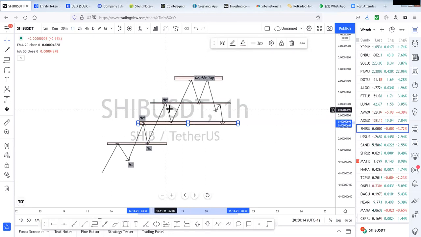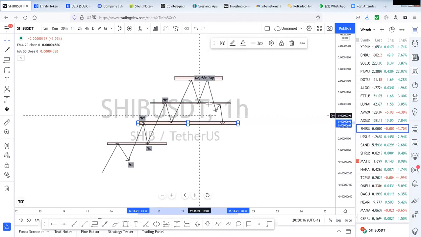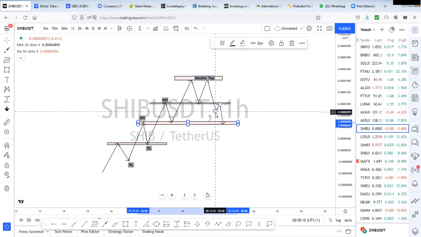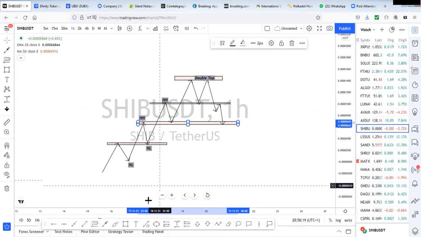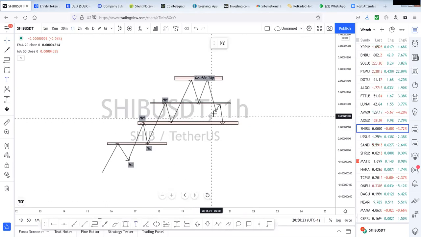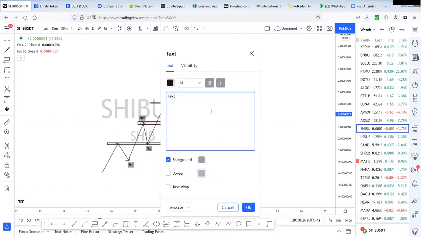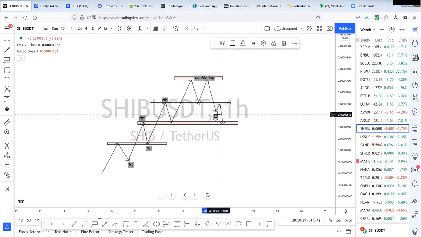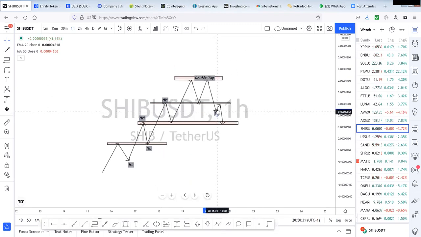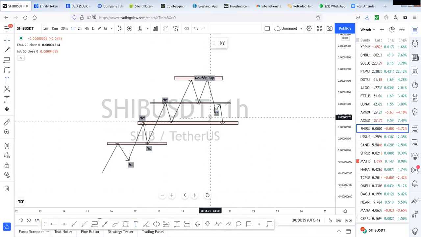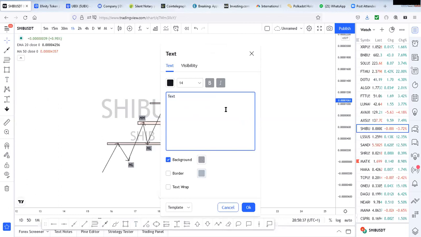Then it will now be forming lower highs and lower lows. Here will now be a lower low. Here will now be lower highs.